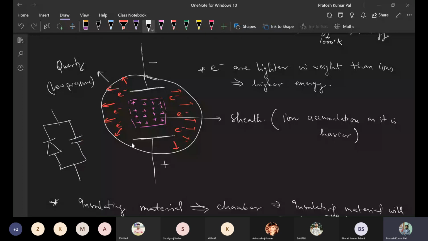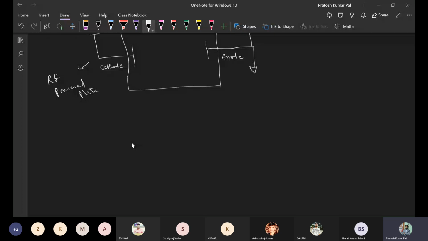The total motive of what we are going to study here is the ion beam energy. When we supply this RF power to the chamber, we deal with the ion energy, and how we can increase the ion energy defines the etching process.